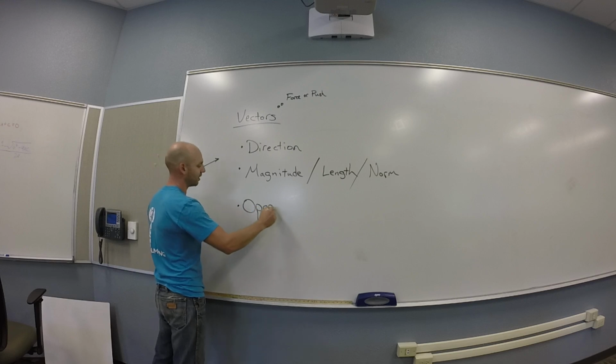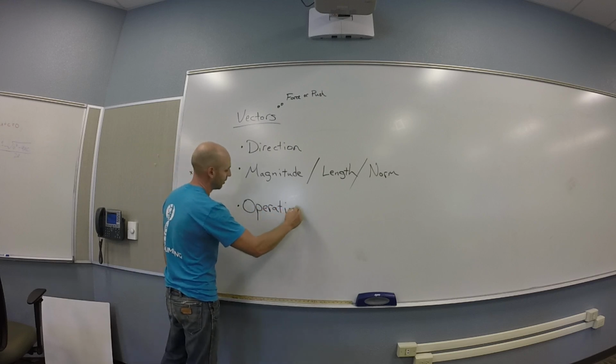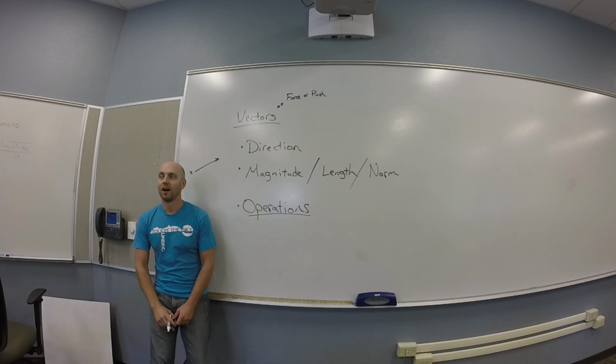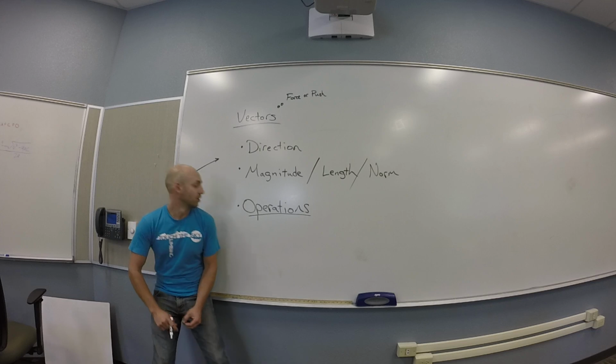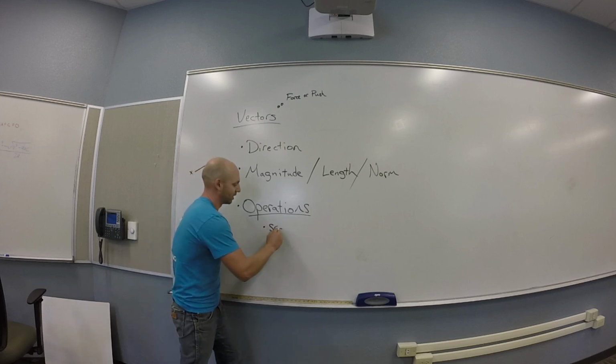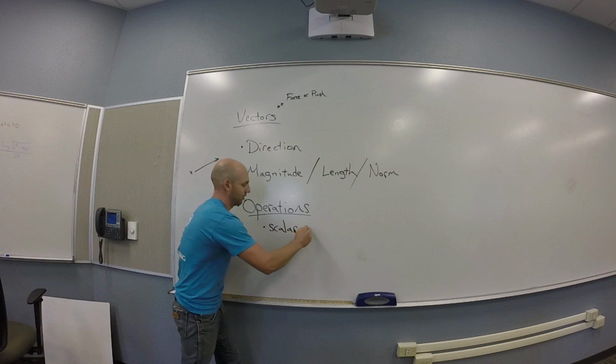I'm going to put down a list of operations here. I don't want to get super tangled up right now in what these are. So I'm just going to do ideas quick. And then we'll talk about exact definitions as we go. So the first two that should be pretty easy are one called scalar multiplication.